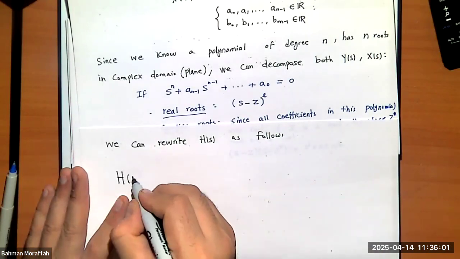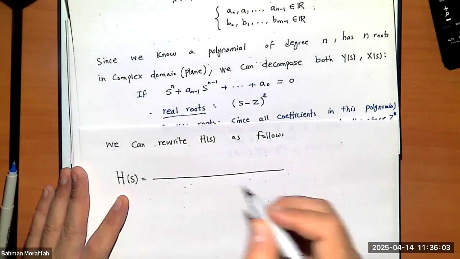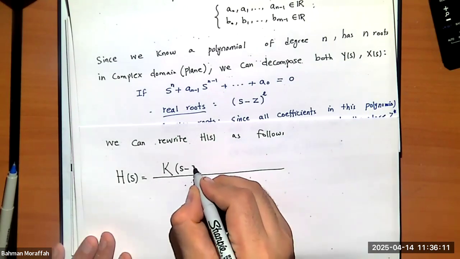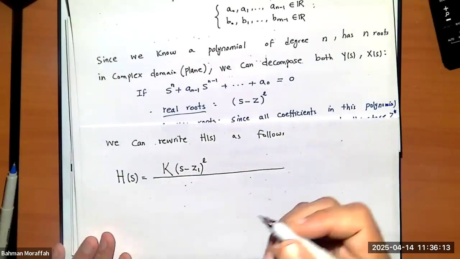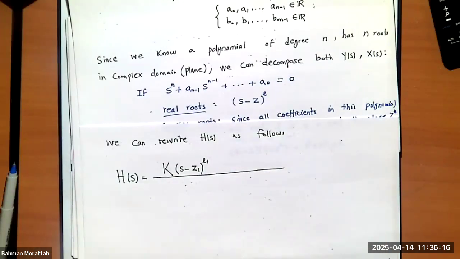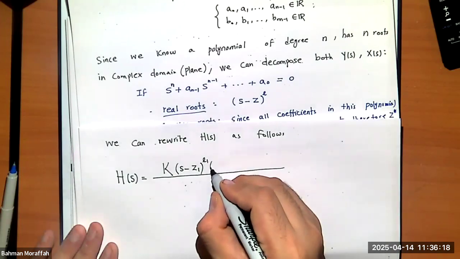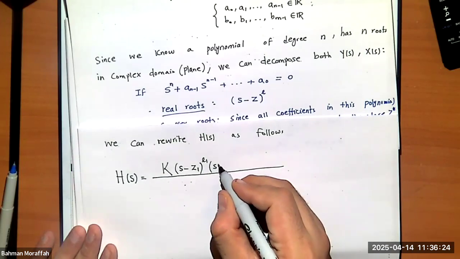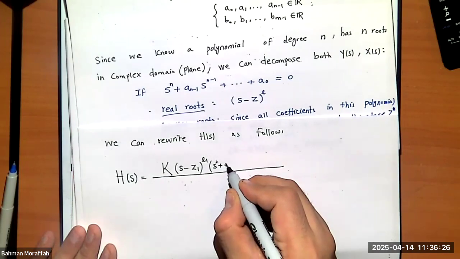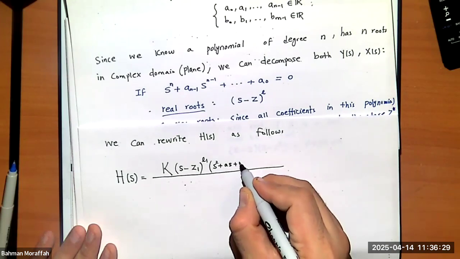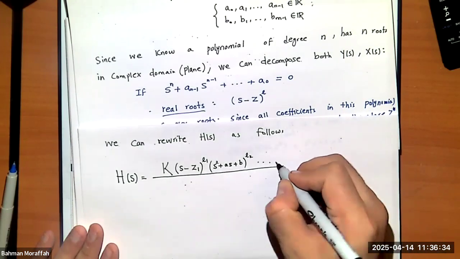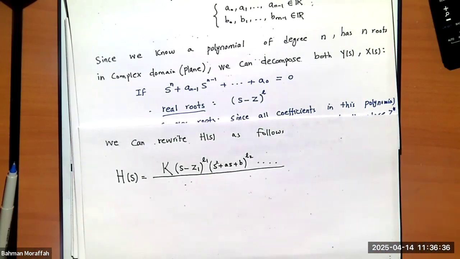I can write h of s as some constant k times s minus z1 to the power of l1, times s squared plus a s plus b to the power of l2, and terms similar to this, that's my numerator.